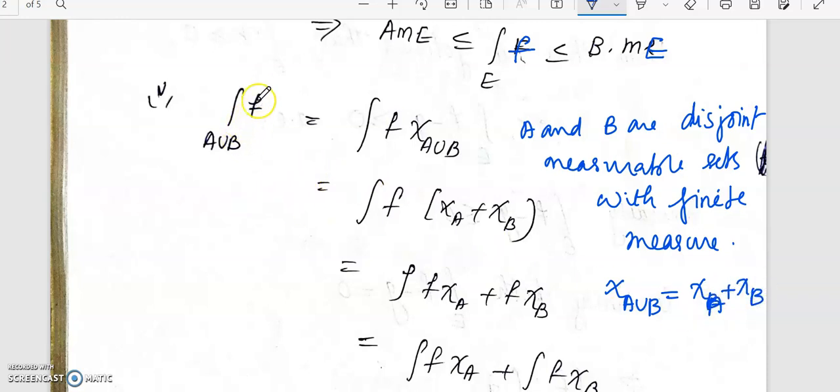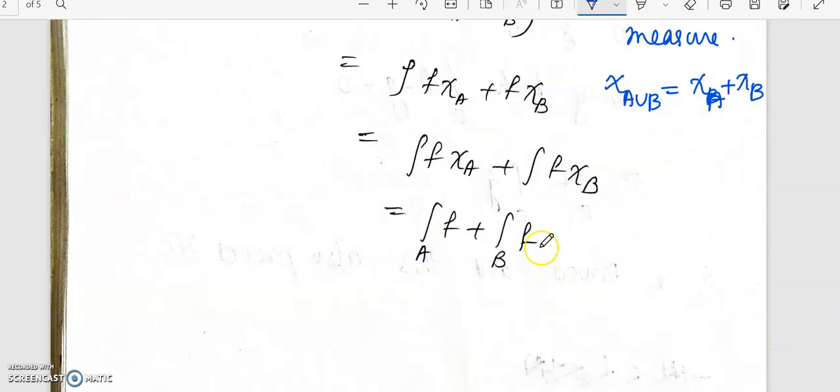So integral over A union B of f will be integral of f chi of A union B. Chi of A union B can be written as chi of A plus chi of B. So by the previous property, we can split the integral into two. So integral of f chi of A plus f chi of B. Now integral of f chi of A can be rewritten in the form integral over A of f plus integral over B of f.